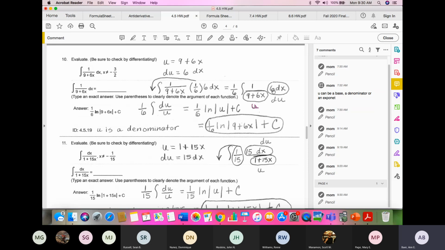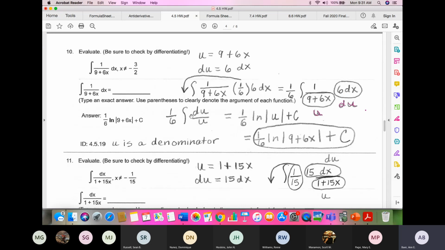And then what else do we have? 6 times dx. 6 times dx is our du. So we have du now, this du right here. So we're going to convert our integral. We're going to go down to this line, and we've got 1/6 out front.